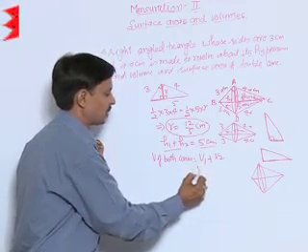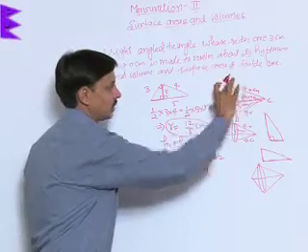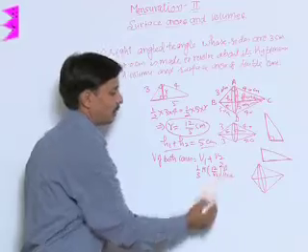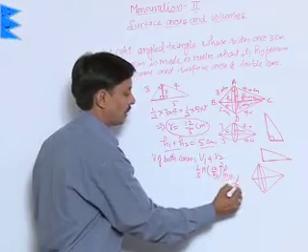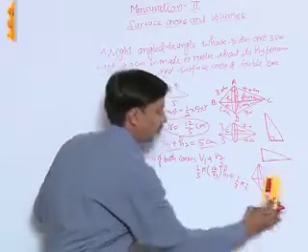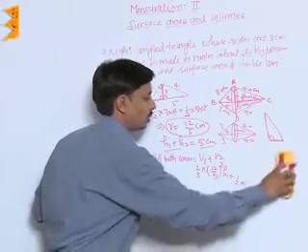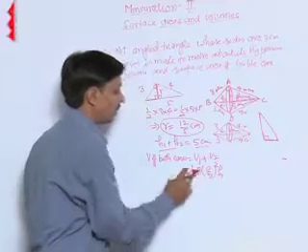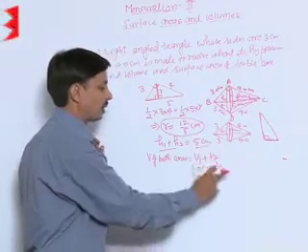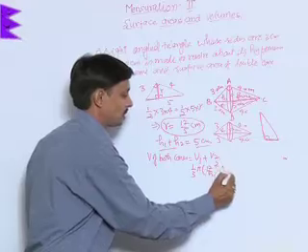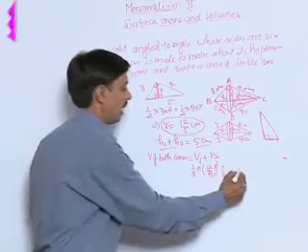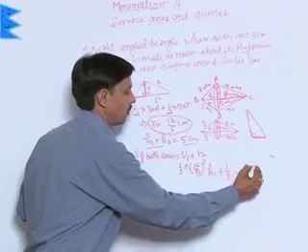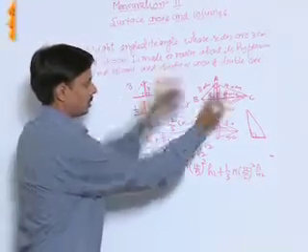The volume of the first cone is 1 by 3 pi r square h1, so 1 by 3 pi, 12 by 5 square, into h1. Plus the second cone, 1 by 3 pi, radius is the same in both cases, 12 by 5 square, into h2.